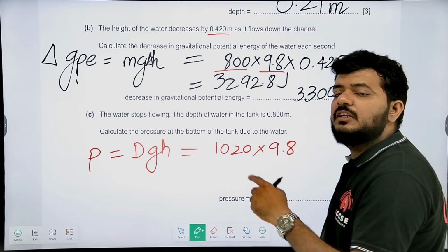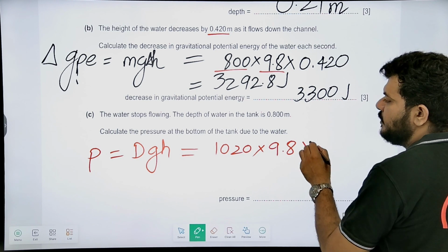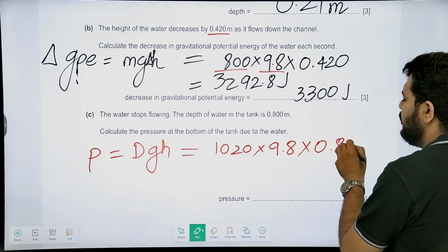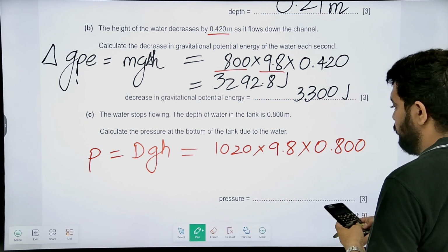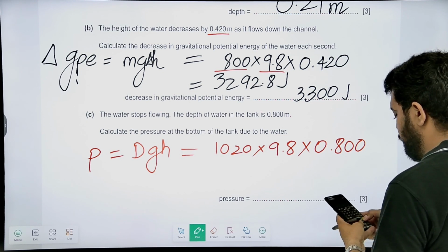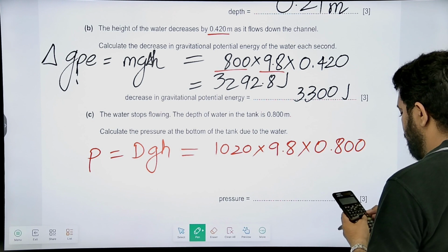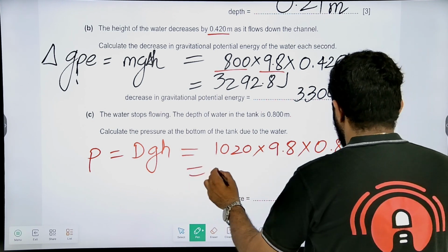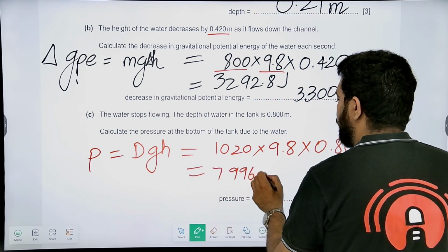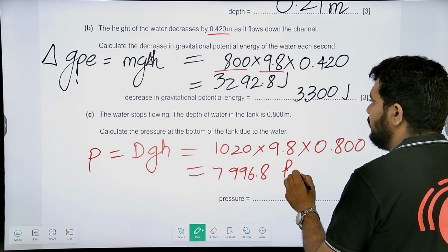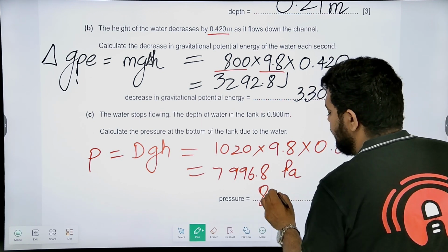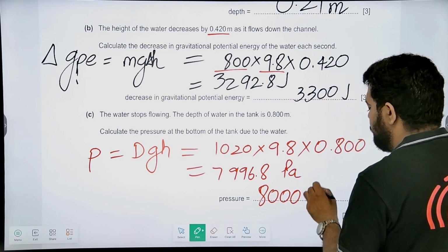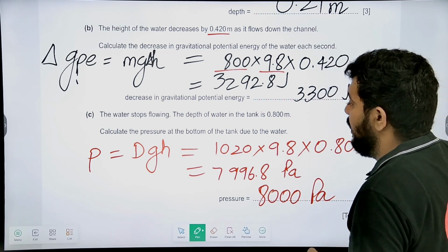This is given in the first page of your question paper, and the height is 0.800. So we have 1020 into 9.8 into 0.800. We find the answer is 7996.8 Pascal, right? Do not forget to write units. So I will write 8000 Pascal is my answer.